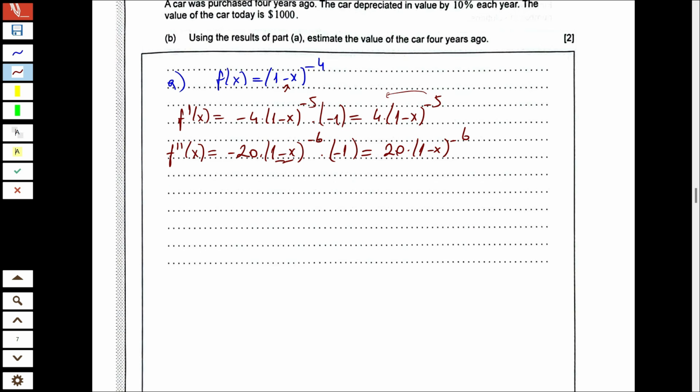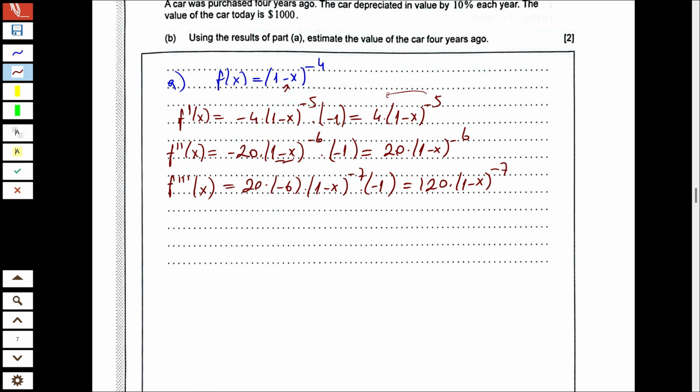Again, the third derivative of f will be 20 times minus 6 times 1 minus x to the power of minus 7 times the derivative of the inside of the parentheses, minus 1, which will be 120 times 1 minus x to the power of minus 7.